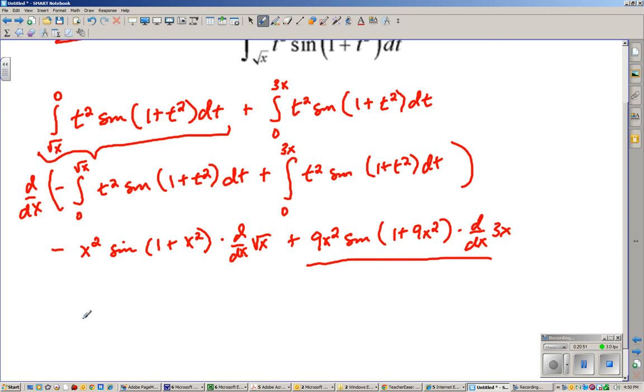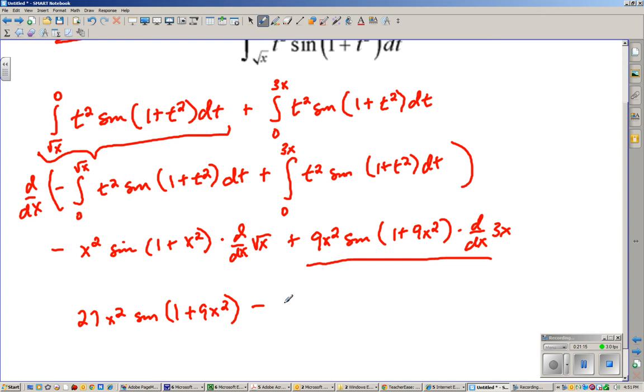So I might say the final answer is 3 times 9 is 27x squared, sine of the quantity 1 plus 9x squared. And then subtract, and remember what that derivative of radical x was. It was 1 over 2 radical x.